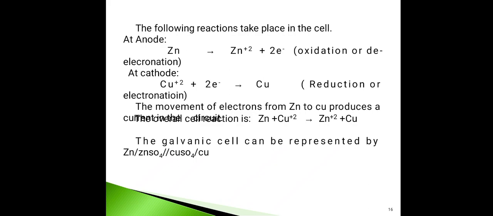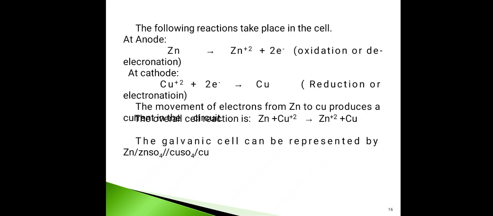And here you see the chemical reactions are like this. Zn gives rise to Zn2+ plus 2e-, that is the oxidation half cell reaction taking place at anode, whereas Cu2+ plus 2e- gives rise to Cu, that is the reduction half cell reaction which is taking place at cathode. And therefore the movement of electrons takes place from zinc to copper through an external circuit or external cell, voltmeter or battery. Now the overall net cell reaction is going to be Zn plus Cu2+ gives rise to Zn2+ plus Cu.